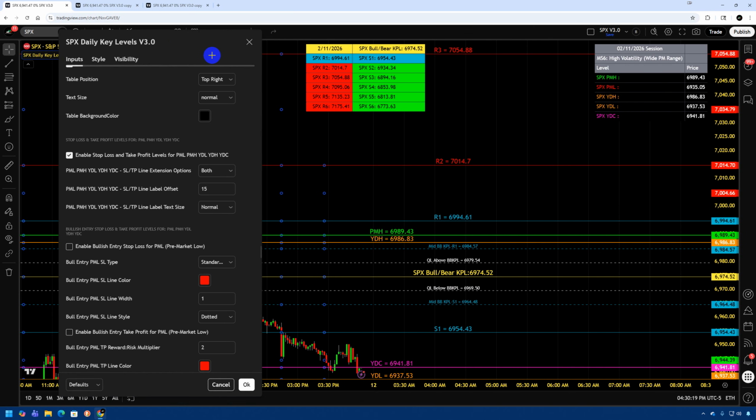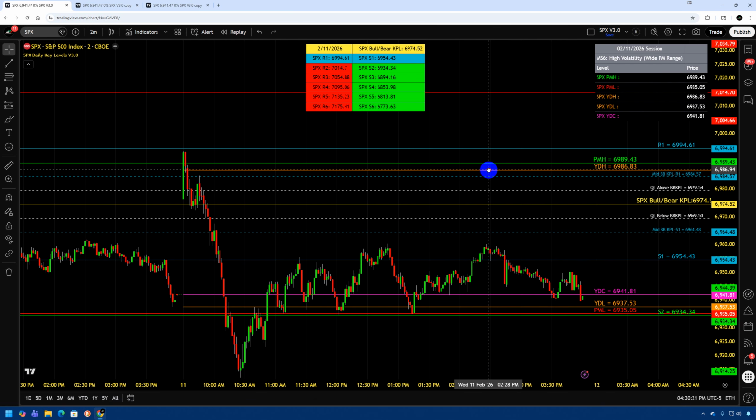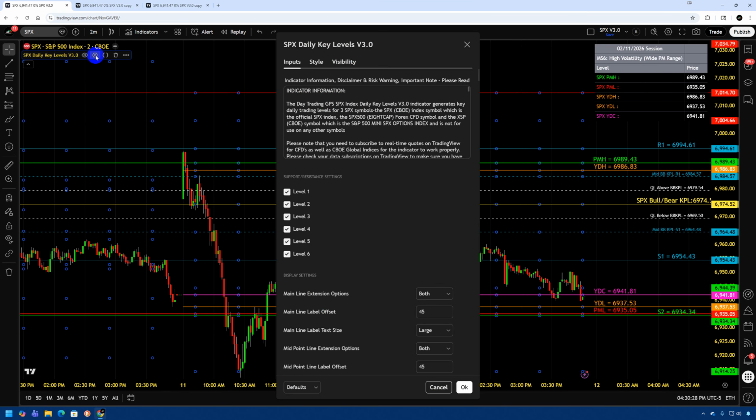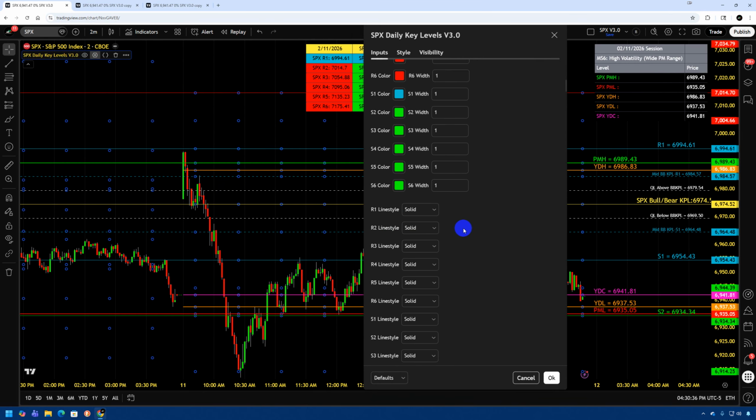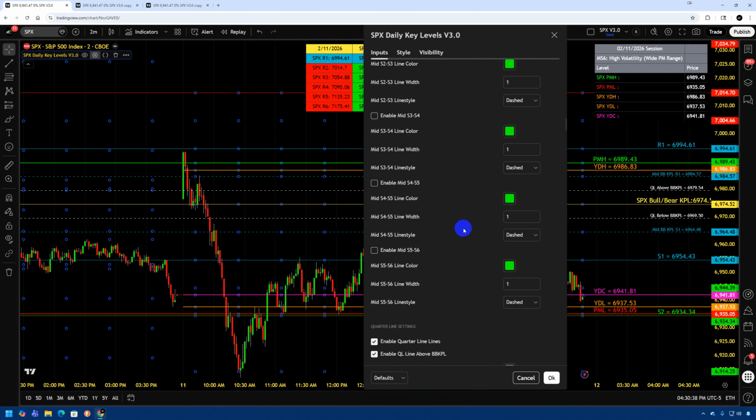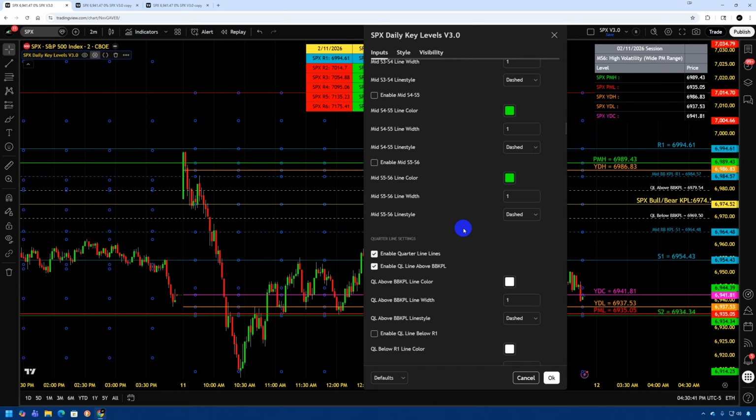So as an example, we'll look at today, and let's just look at PMH as an example. So we'll go back to the user control panel. And here we have the PMH level. We have a close below the PMH. And you can set these up in advance.